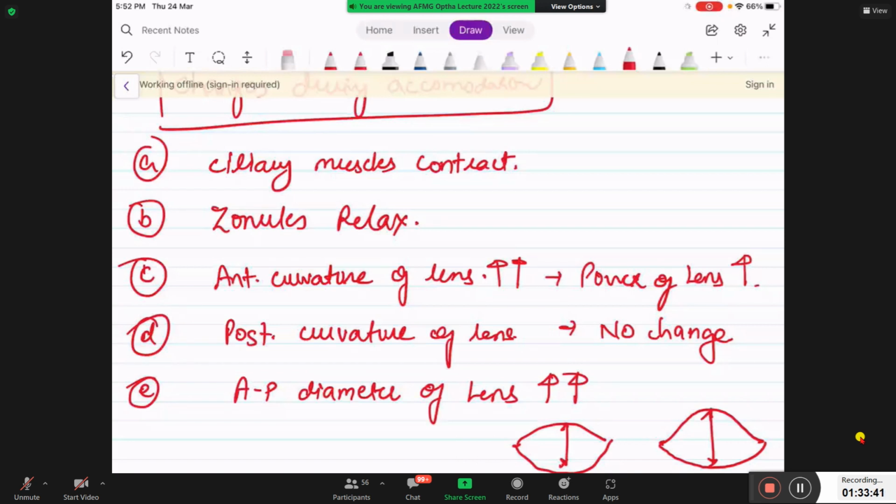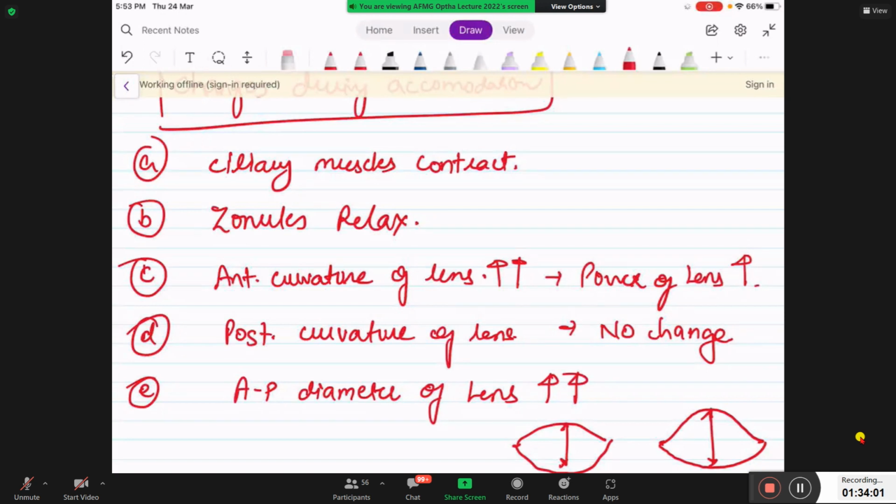Now, whenever we are aging, suppose I am 30 years old and I reach 40, what happens? The normal converging power of our ciliary body and our lens automatically decreases, right?